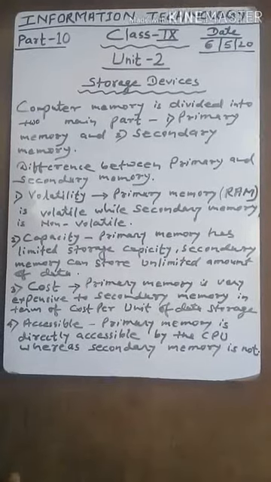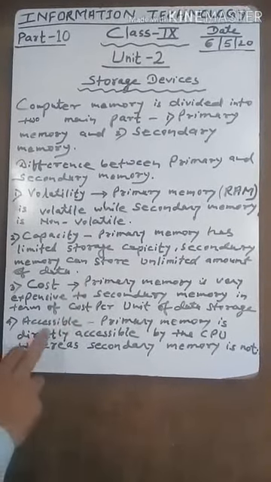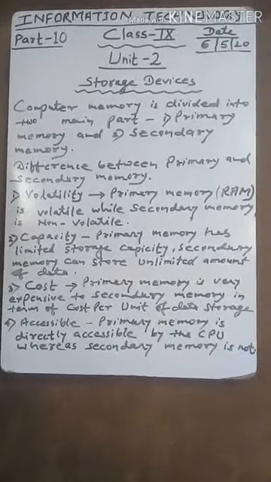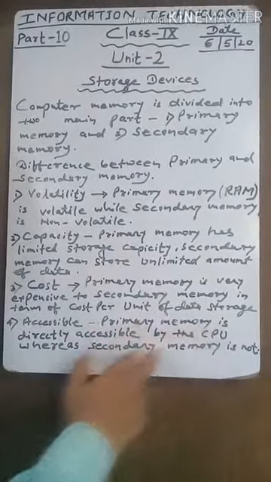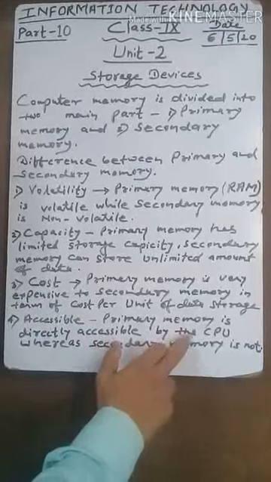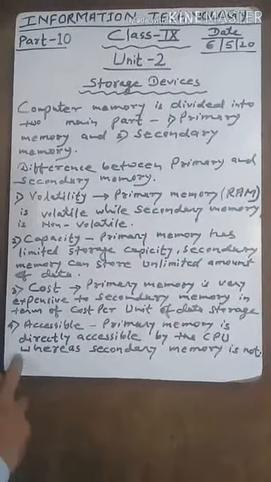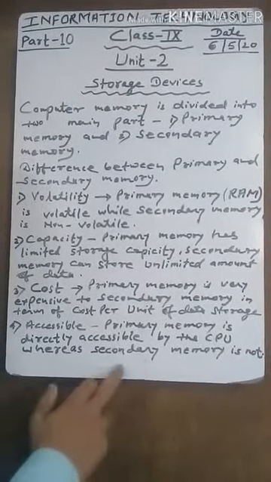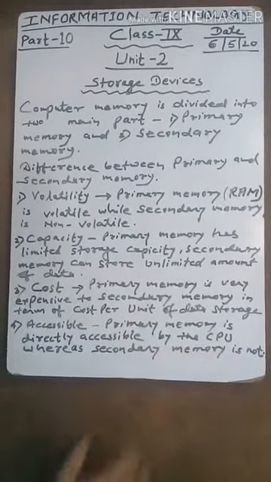Now, our next point is accessibility. Primary memory is directly accessible by the CPU, whereas secondary memory is not.